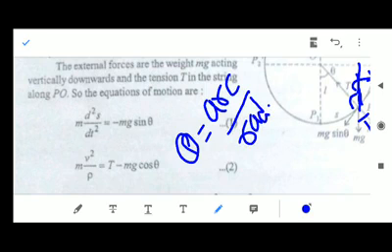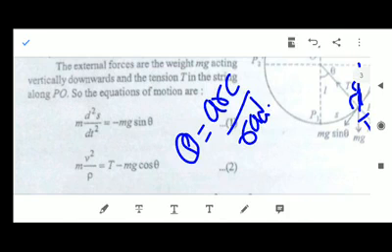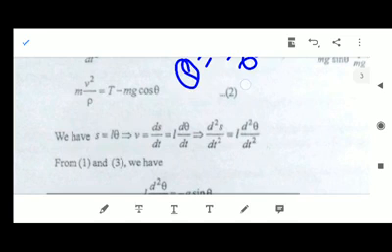Here the arc is S and the radius is L, the length of the string. So we have S equal to L theta, and this implies V equal to ds by dt equal to L d theta by dt, and this again implies d2s by dt square equal to L d2 theta by dt square.